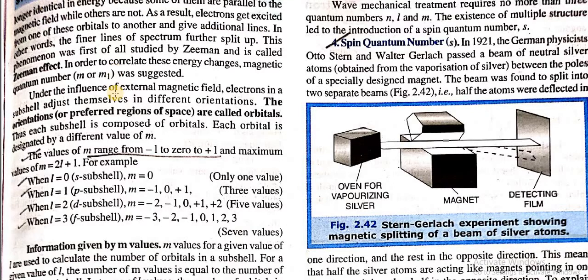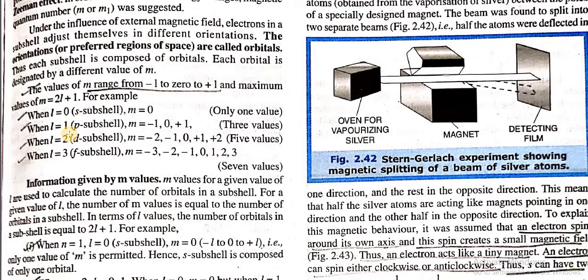Like for orbital angular momentum, where the value ranges from 0 to n minus 1, the value for the magnetic quantum number, which is denoted by m, ranges from minus L to plus L. In between, 0 will come.